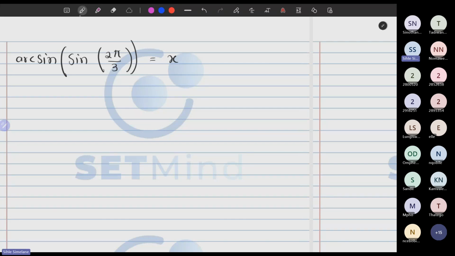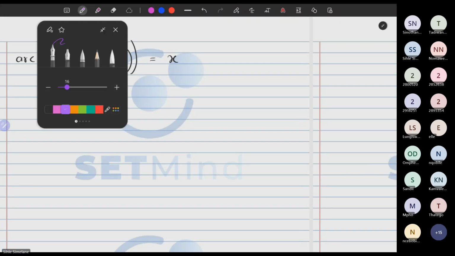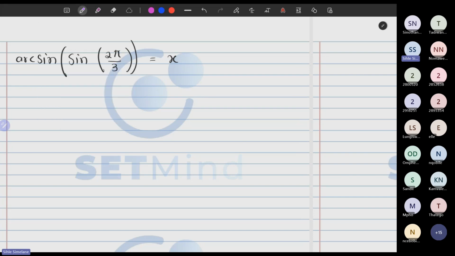So the first thing which we need to see is that they gave you some notes which you should be aware of, because you remember that a function should pass the vertical line test.